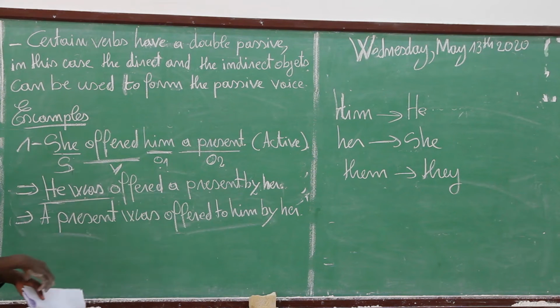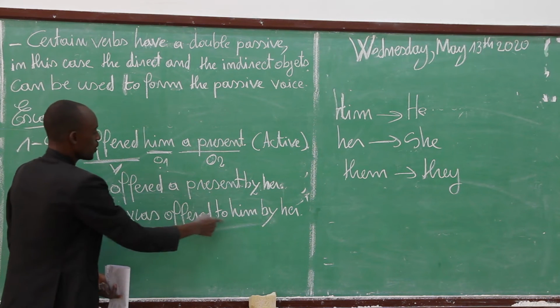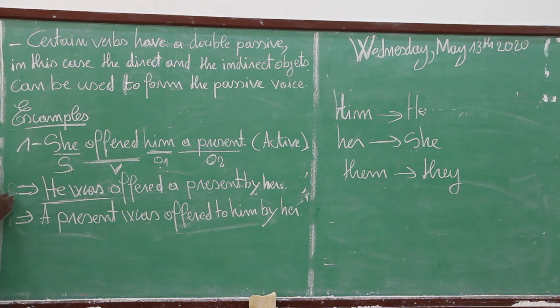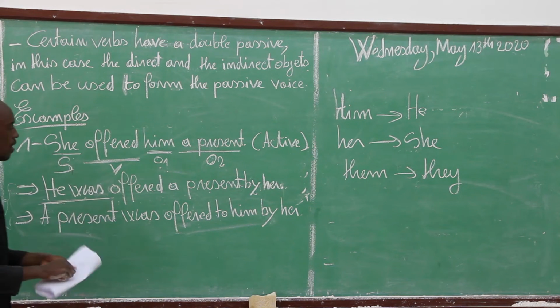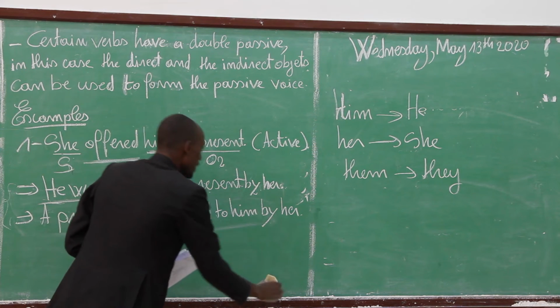Ok? Donc le complément d'objet dans la phrase passive devient le sujet. Donc nous avons a present was offered to him. And these sentences are in a passive voice. And this one is in an active voice. Let's take another example.